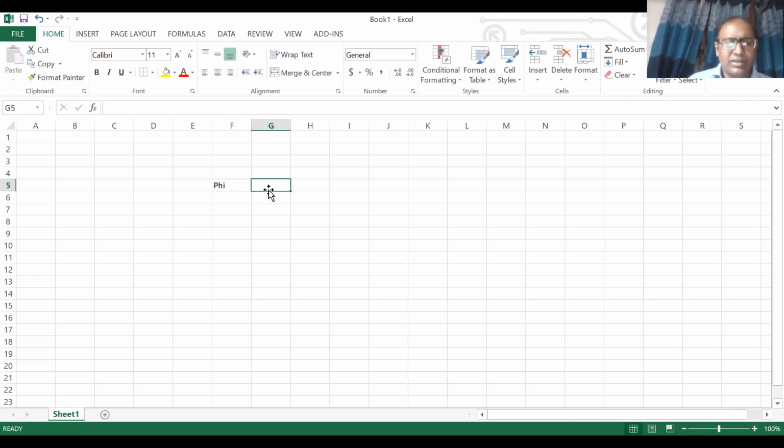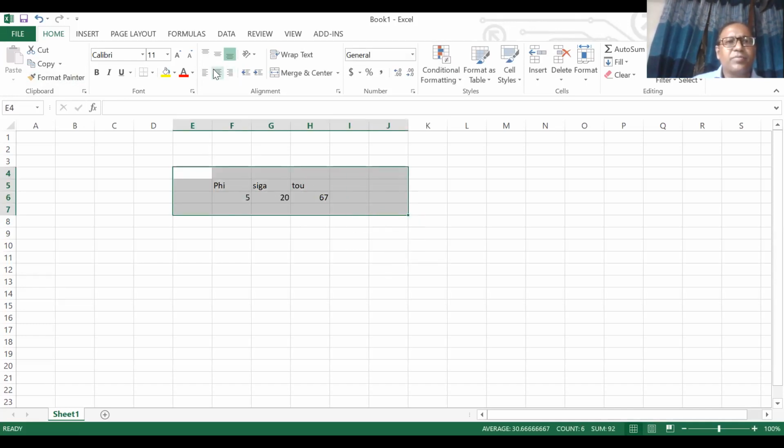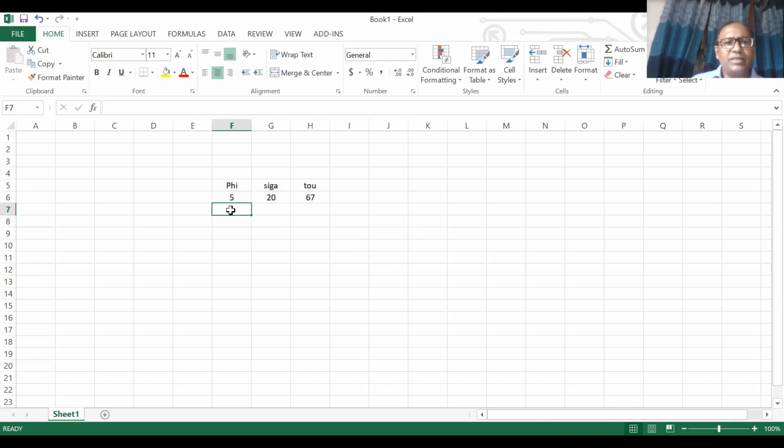Then this is sigma, this is tau. So what you do, you just change the angle. Say you put 5 degrees. For example, you got sigma 20, tau you got say 67 megapascal. Then you change the value to 10. Then you got sigma say 40, and this one you got 66.